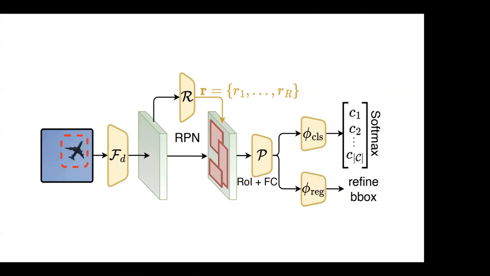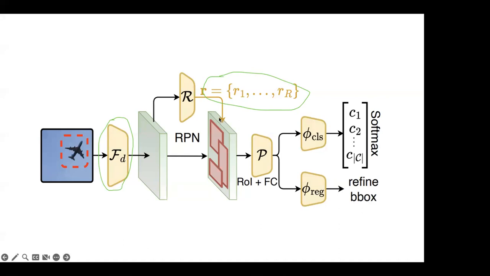I will not dig deep into Faster RCNN, but briefly, the model produces a feature map using the encoder of Faster RCNN, which is either a VGG or a ResNet, and using that feature map, an RPN generates a set of rectangular boxes, and an objectness scalar, which gives the information on whether the box contains an object or not.